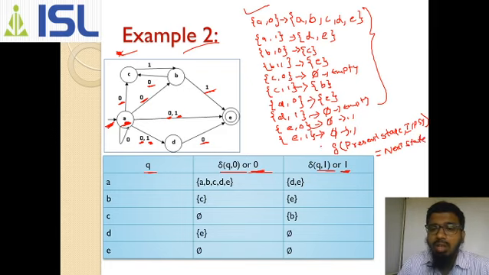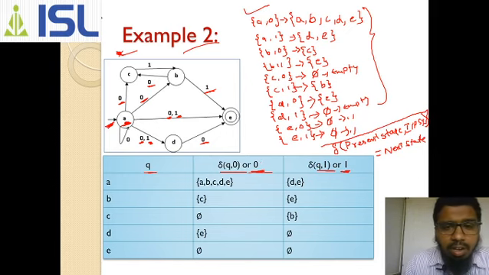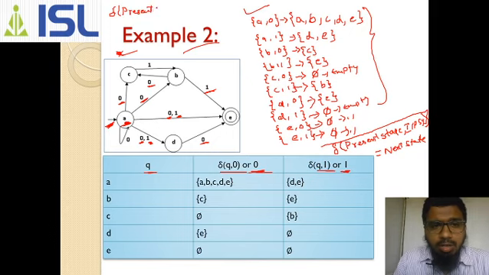Then you will get the next state. Okay, so this is a formula. So I will write here: delta, present state comma input symbol is equal to next state.